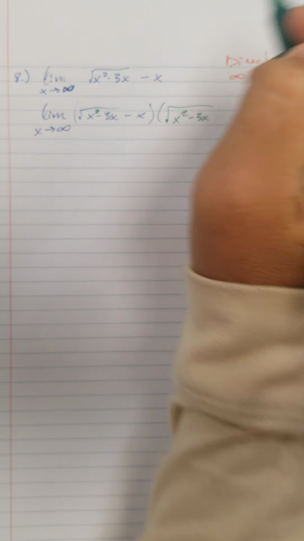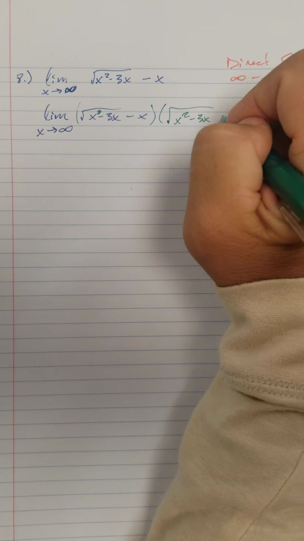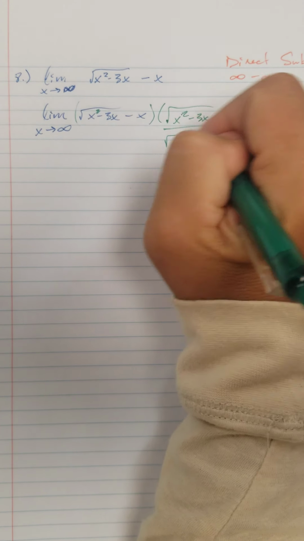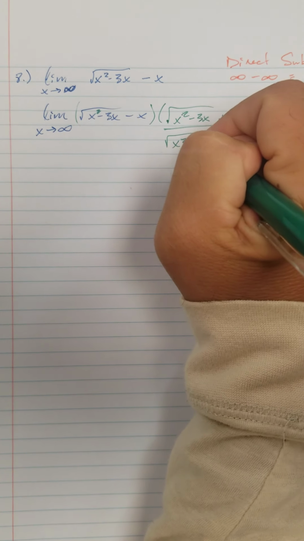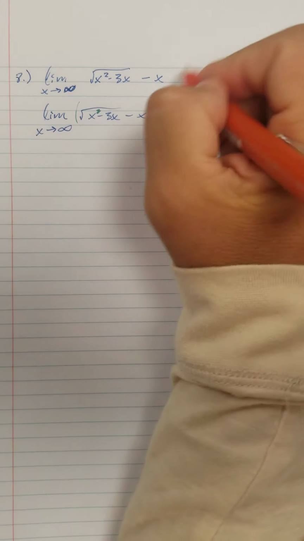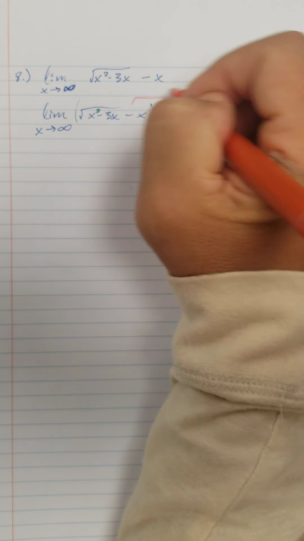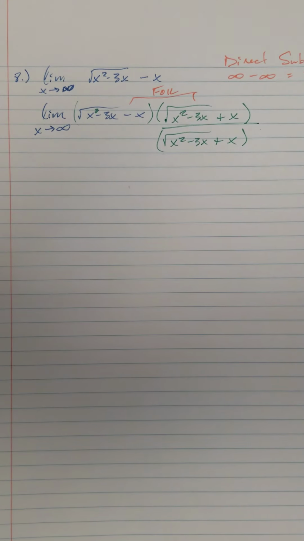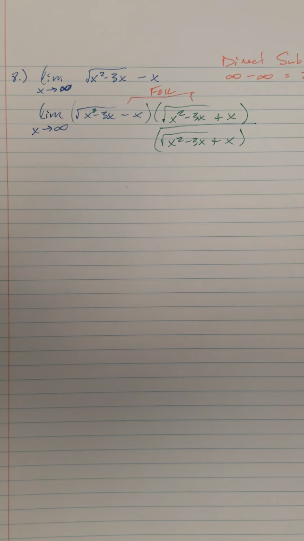That's squared, the square root plus x. But if we do that on top, we also have to do that on the bottom. Okay, so this numerator, we're going to FOIL that. We're going to multiply those together, and you'll see that the inside and the outside will cancel out.